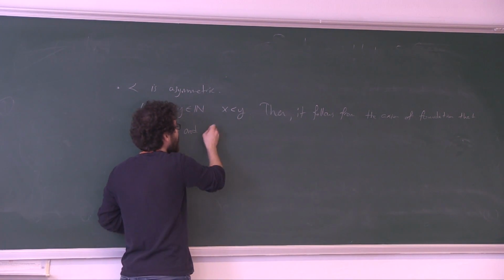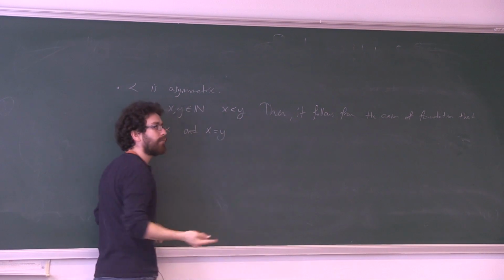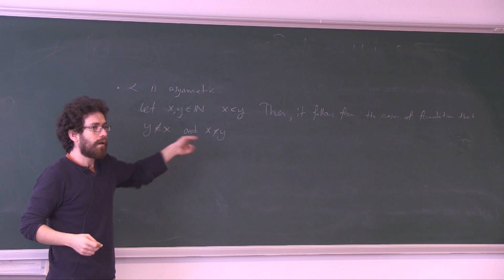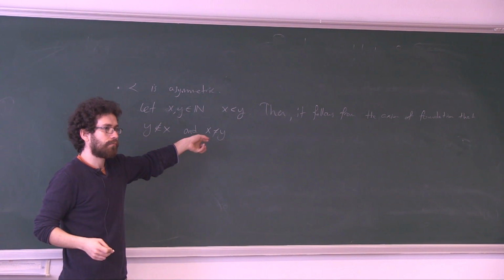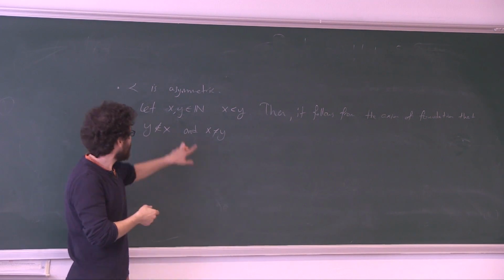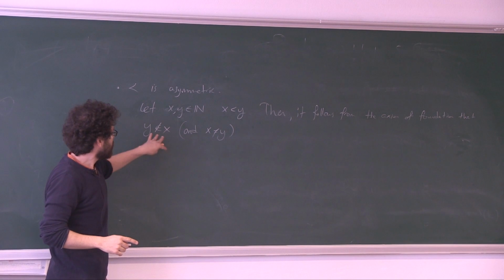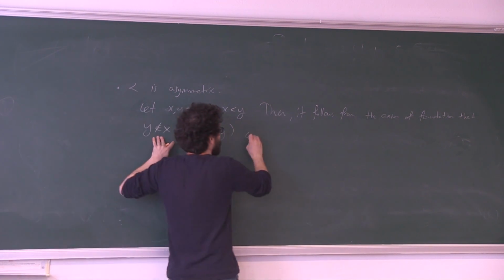And if x is in y, x cannot be y because no set is a member of itself. So both of these come from the axiom of foundation. Okay? I only need this, but that's fine. So this comes from the axiom of foundation.